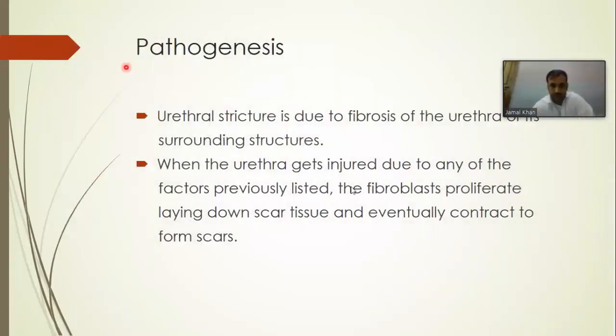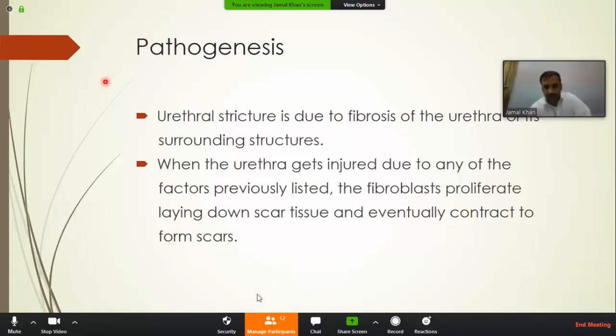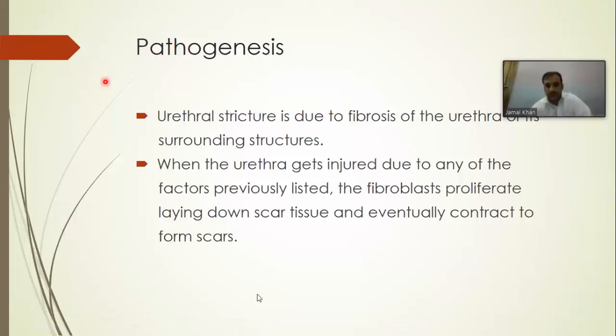Now, come to the pathogenesis. Urethral stricture is due to fibrosis of the urethra or its surrounding structure. When the urethra gets injured due to any of the factors, the fibroblasts proliferate, laying down scar tissue, and eventually convert to form strictures.